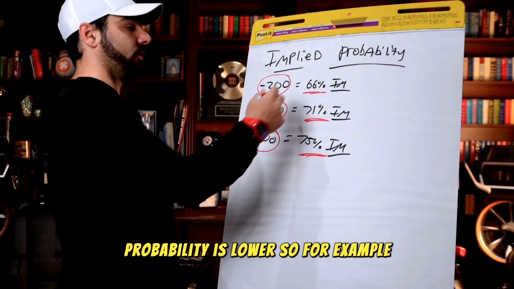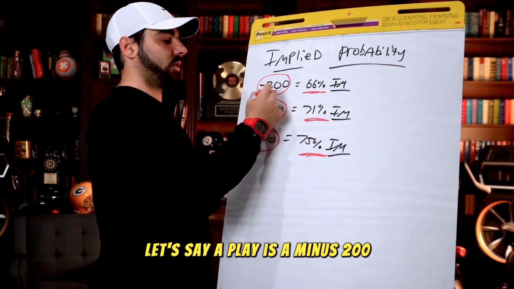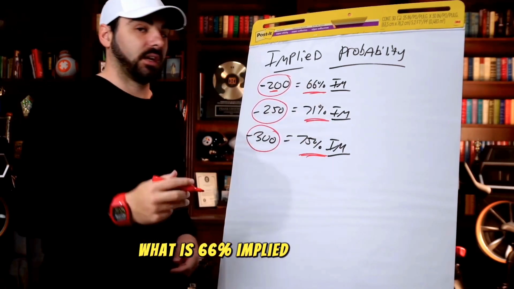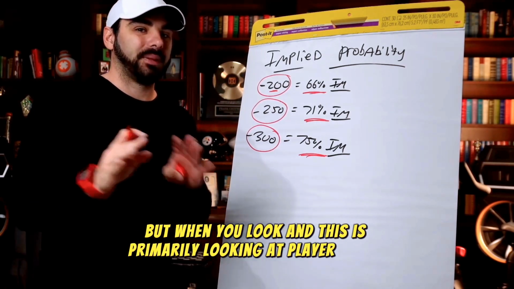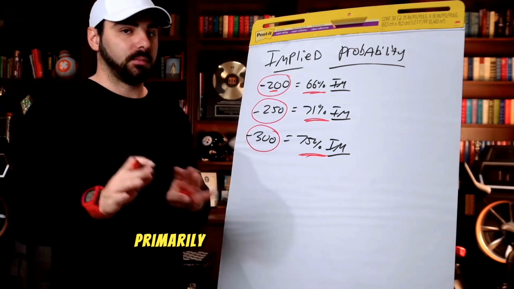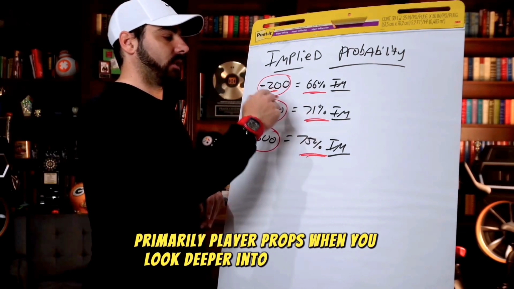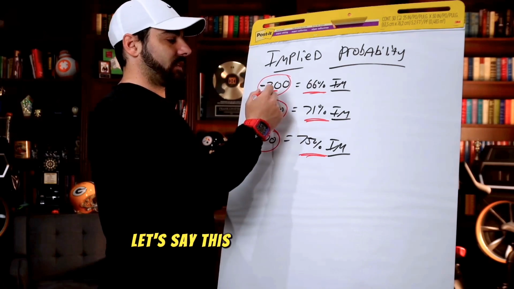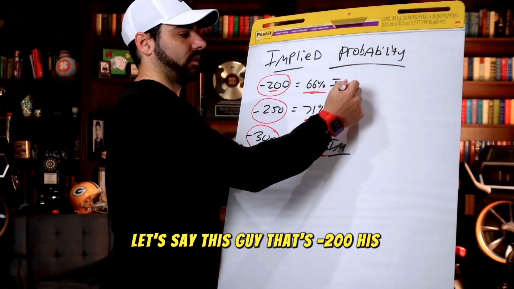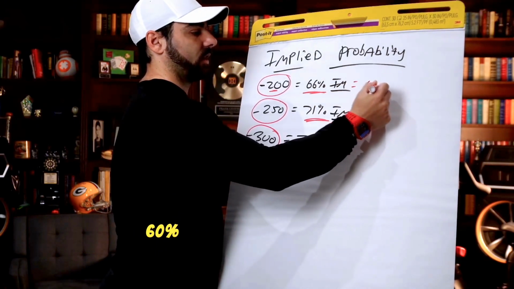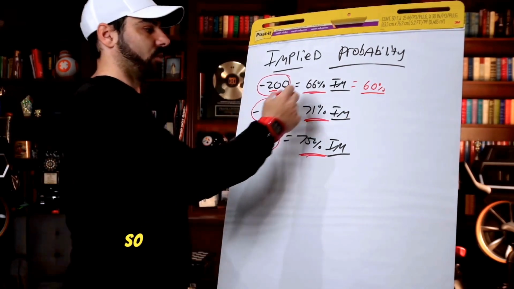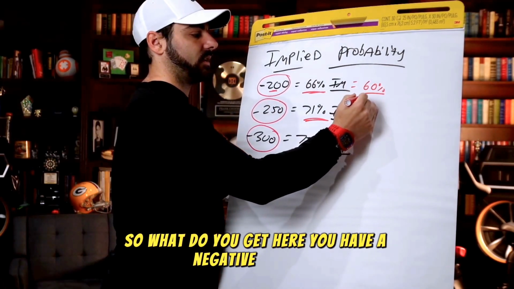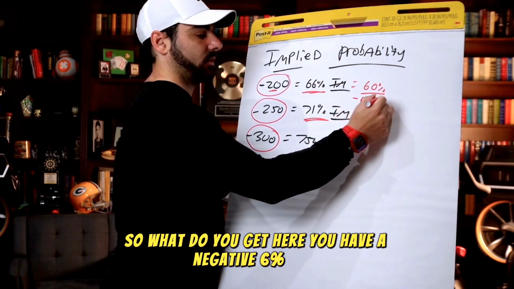So for example, let's say a play is minus 200 with a 66% implied probability, but when you look deeper, and this is primarily player props, let's say this guy that's minus 200, his actual probability is like 60% that he's going to hit that certain player prop. So what do you get here? You have a negative 6% edge.